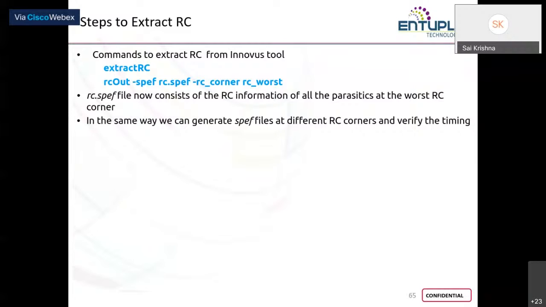SPEF is for Standard Parasitic Exchange Format, whereas SDF stands for Standard Delay Format. So after your routing is done, using Cadence Innovus, you can actually write out the detailed parasitic information into a file with the extension .spef.